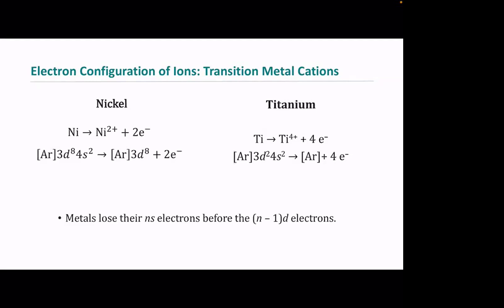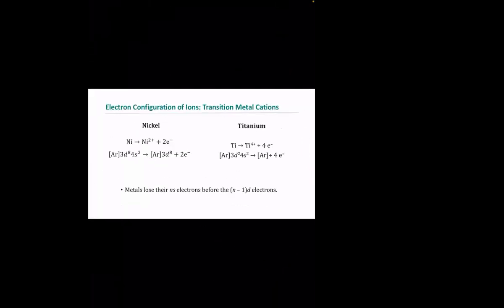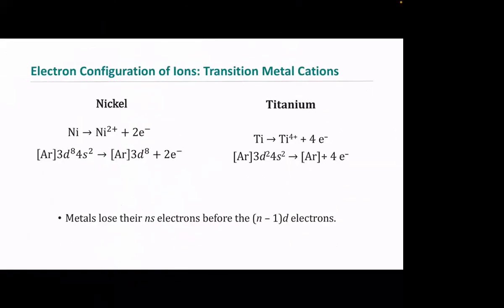Somehow losing the 2 from the S is more stable. It obviously is, I just don't know why losing those 2 is more stable than losing 2 from D.